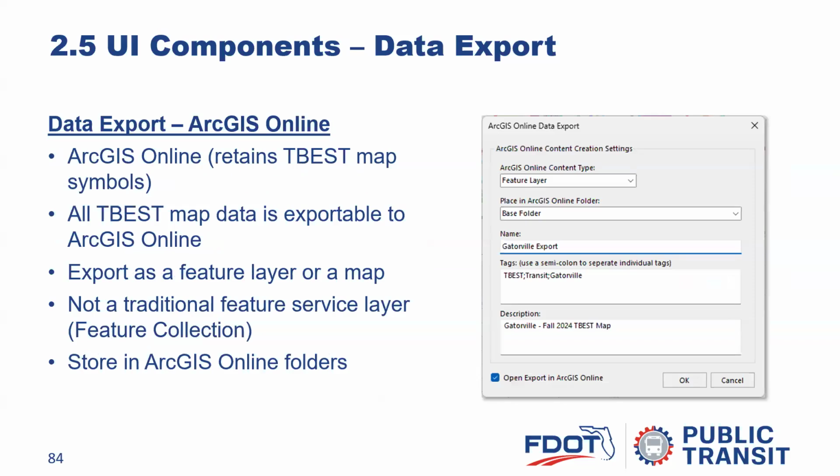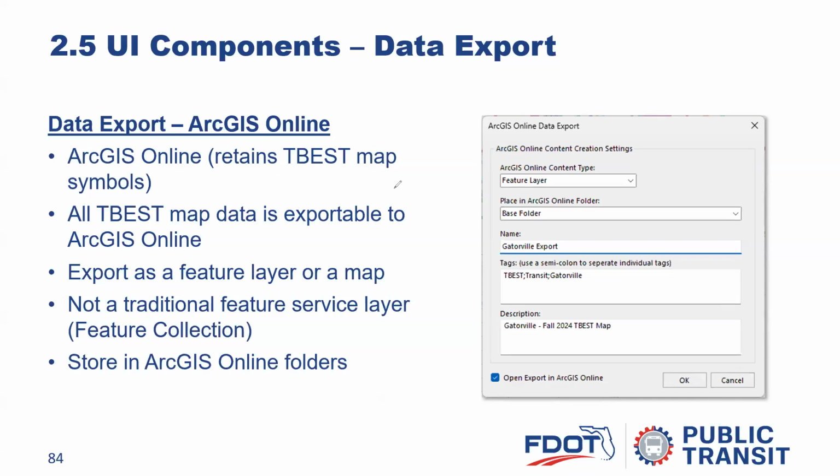Okay. You can also export to ArcGIS Online. Basically, when you do this, you're exporting the full map, meaning the symbology, the data, everything that's in the current TBEST map will go out to ArcGIS Online to either a feature layer or to a map. The default is feature layer.